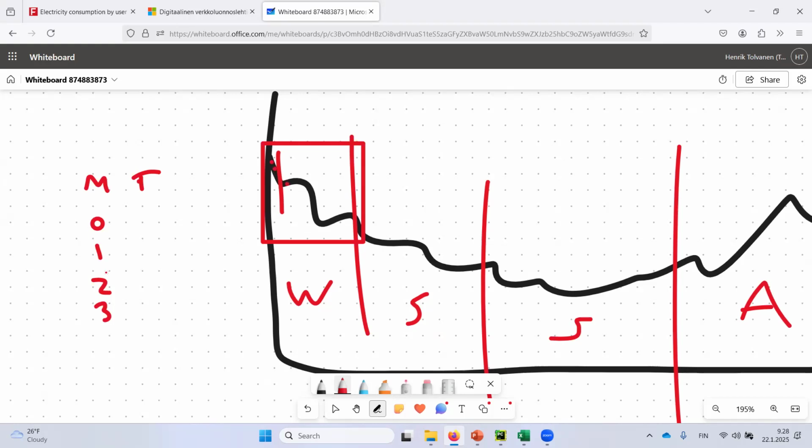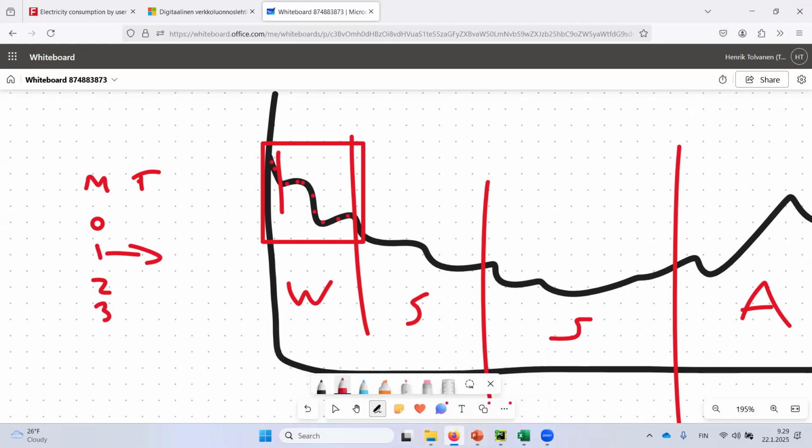On Mondays, hour 1. All Mondays, I'm going to identify them, and all Mondays at 1 o'clock in the night, I'm going to identify those and see how much consumption I had at that time. So I'm going to differentiate between days, weekends, hours, seasons.